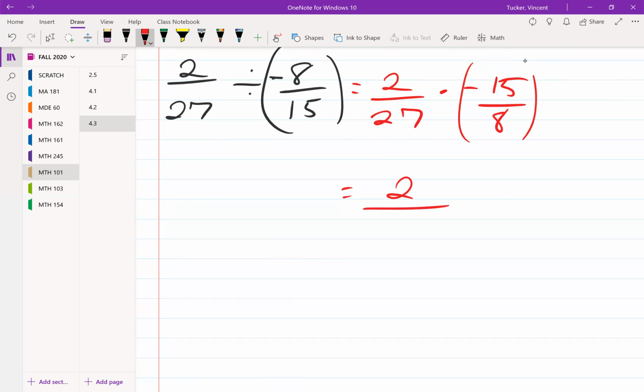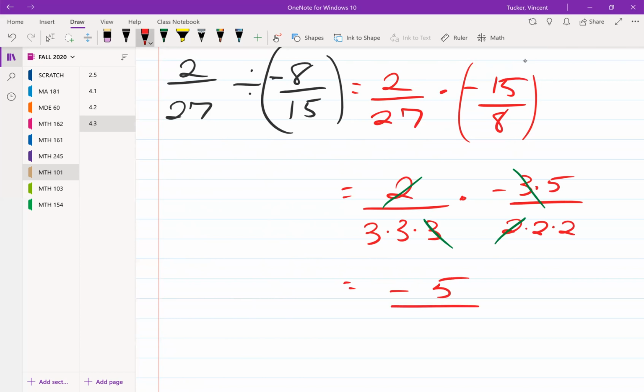That 27 is 3 times 9, so it'll be 3 times 3 times 3. 15 is 3 times 5. 8 is 2 times 2 times 2. 2's cancel. 3's cancel. So on top, you have negative 5. On bottom, we have 36.